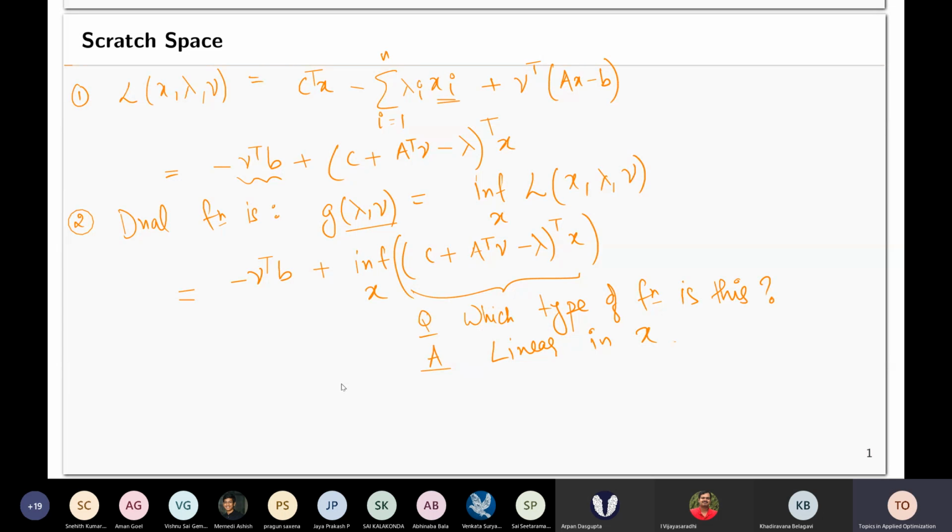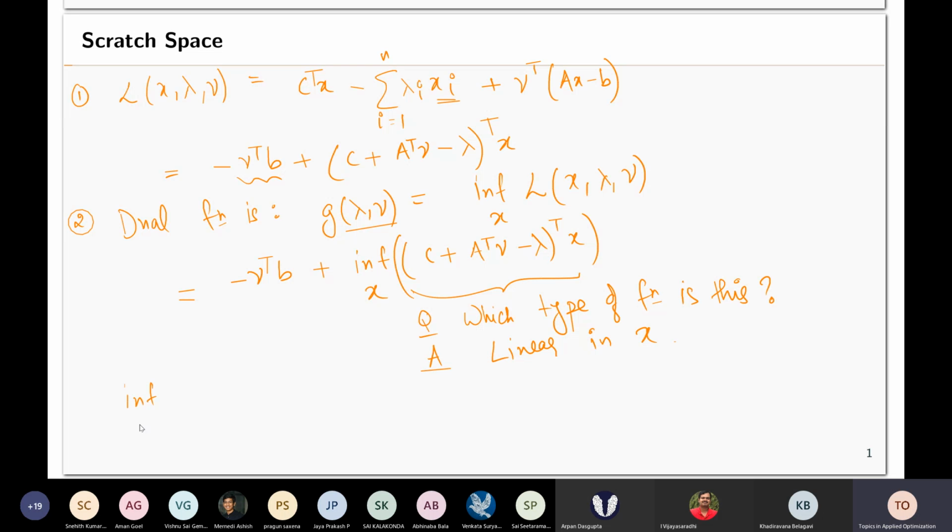Minus infinity, provided that the multiplier term is non-zero, exactly. So we can write this, right?